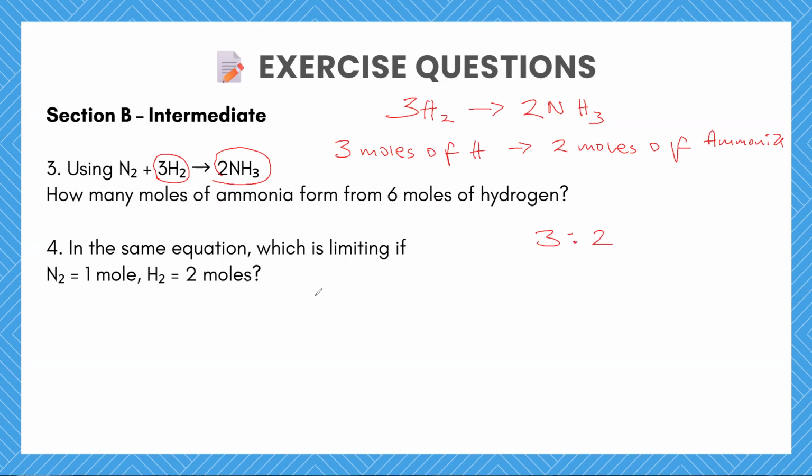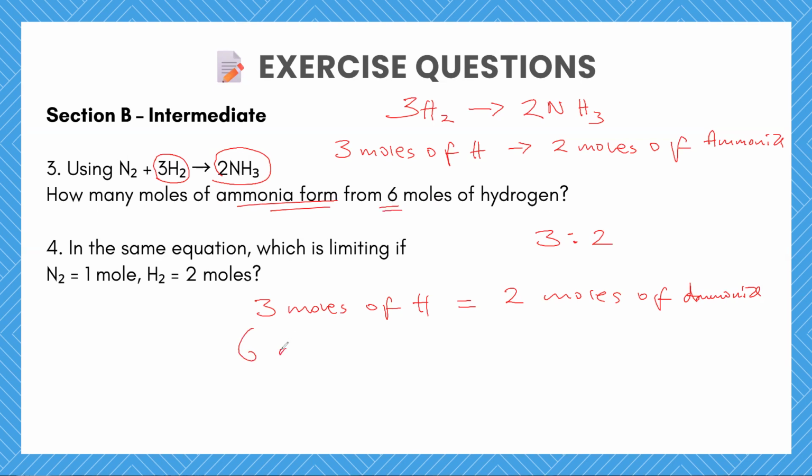So now we can go ahead and write down 3 moles of hydrogen produced 2 moles of ammonia. Now, what's the question asking us? How many moles of ammonia form from 6 moles of hydrogen?